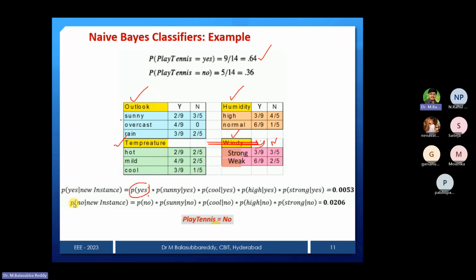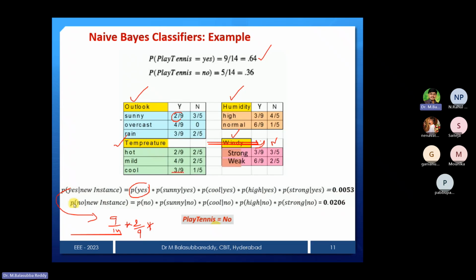You can write here, multiply. Sunny, yes, 2 by 9. I will write here for this case. What you want to do is probability of yes, that is 9 by 14 multiplied with sunny, yes, 2 by 9. This is all star, not plus. And again, cool, yes.